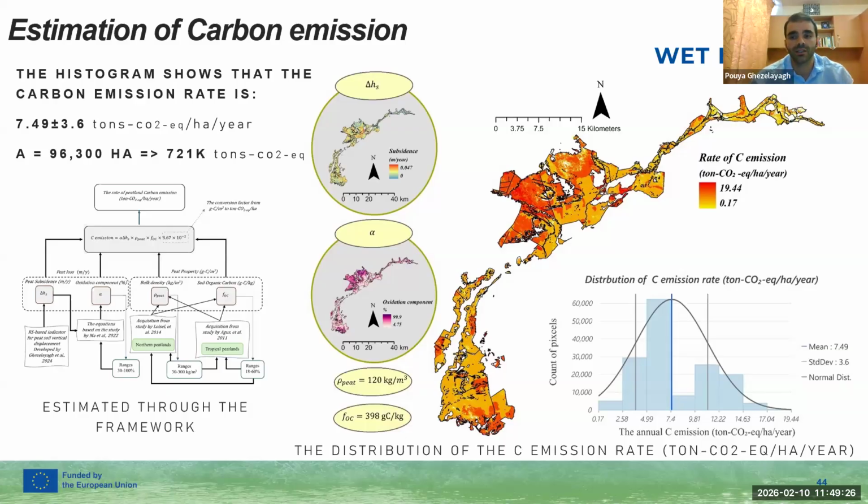And as you can see in the histogram, we estimate almost 7.5 tons of carbon dioxide equivalent is emitted from each hectare of Beaver Valley annually.